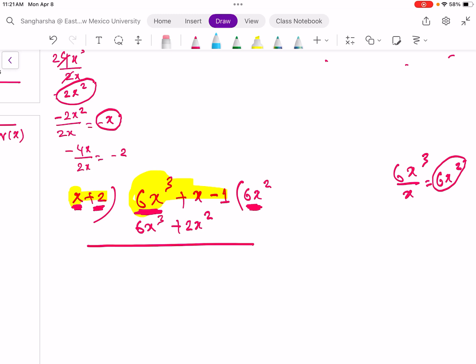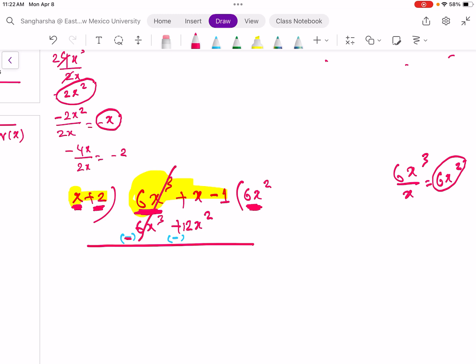So positive 6x cubed changes into negative 6x cubed, and positive 12x squared changes into negative 12x squared. Now 6x cubed minus 6x cubed is 0.